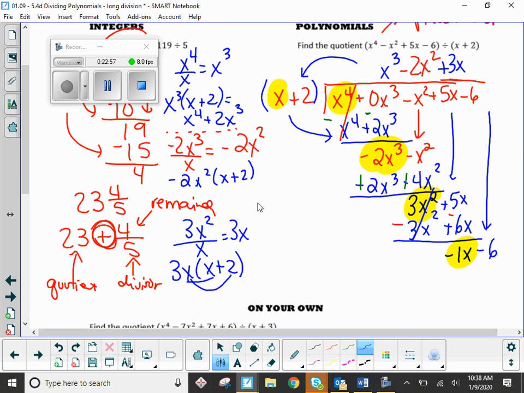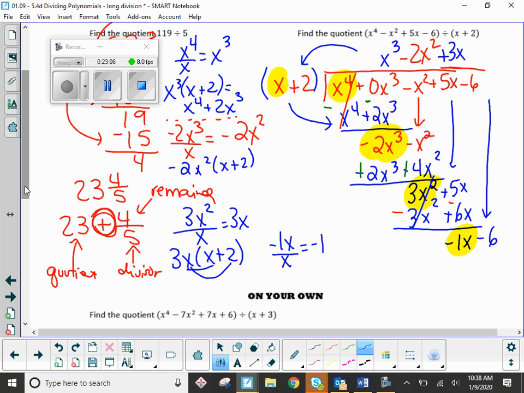Negative 1x, that first term divided by x in the divisor, that's negative 1. That goes here. And then negative 1 times the x plus 2 is negative x minus 2. And that goes here.